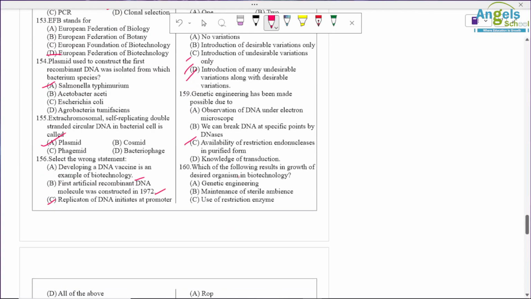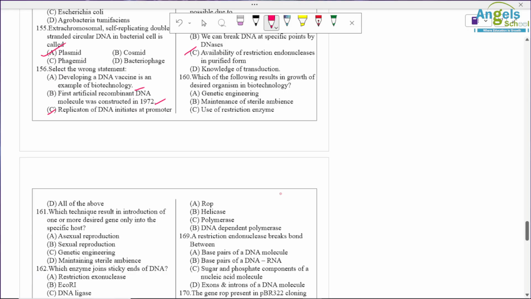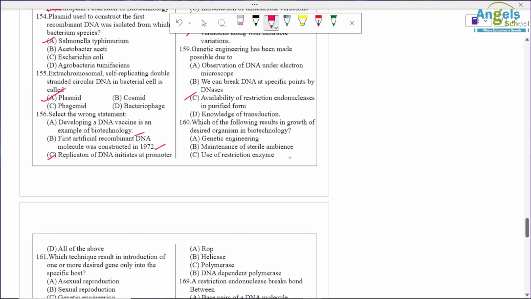Which of the following results in growth of the desired organism in biotechnology? Genetic engineering, maintenance of a sterile ambience, and use of restriction enzyme.